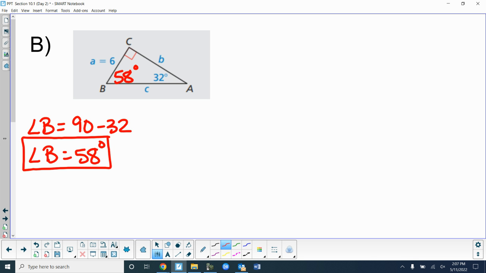Then I think I'm going to find side B next. Side B is opposite, and side A is adjacent, so I'm going to use tangent. Tangent of 58 degrees equals side B over side A, the adjacent side, which is 6.